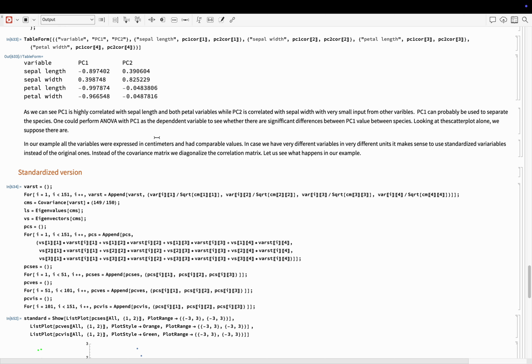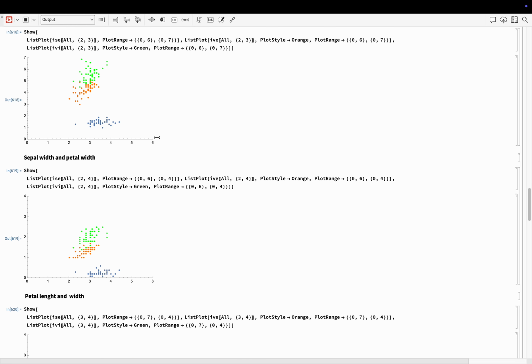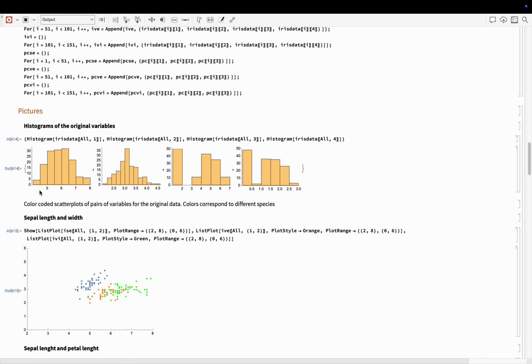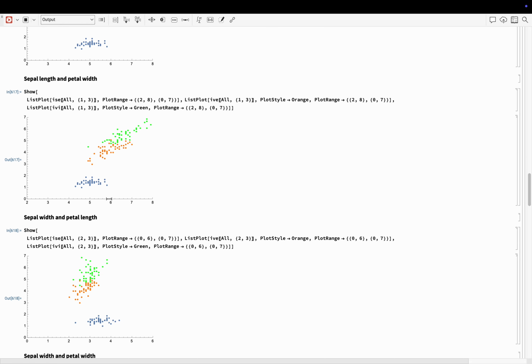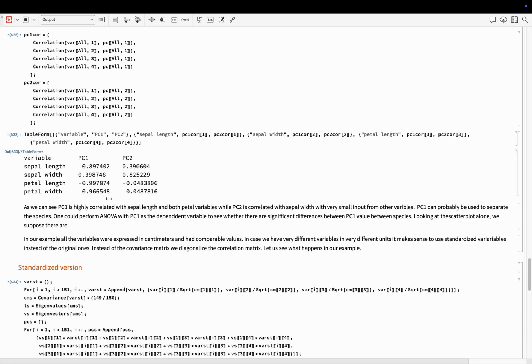In our example, we had four variables that were all measured in centimeters, and all the sizes were comparable. Let us look at the histograms. Here we have numbers from 0 to 8, from 0 to 5, from 0 to 7, from 0 to 3. So very similar numbers. The scale of all the variables is more or less the same.